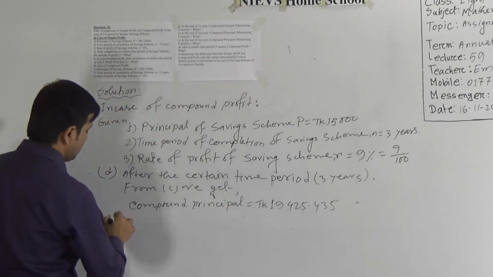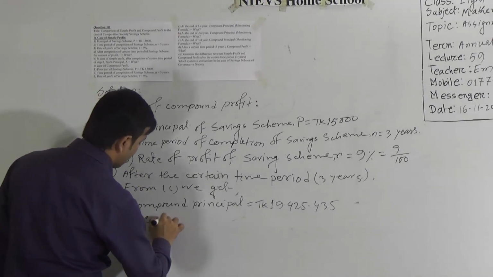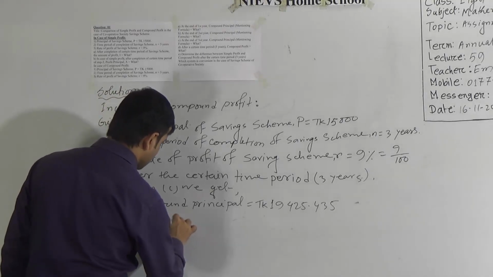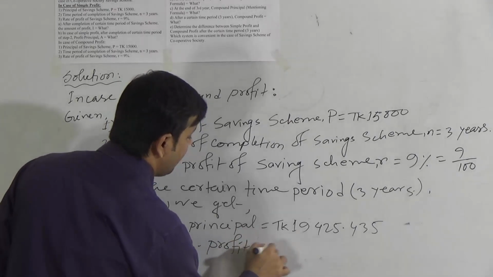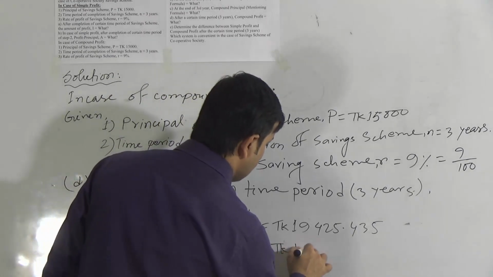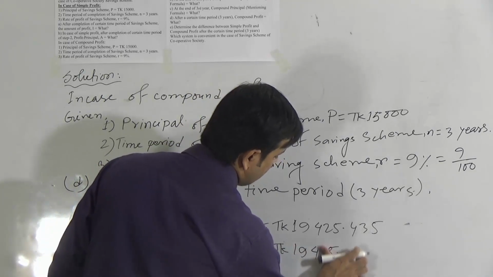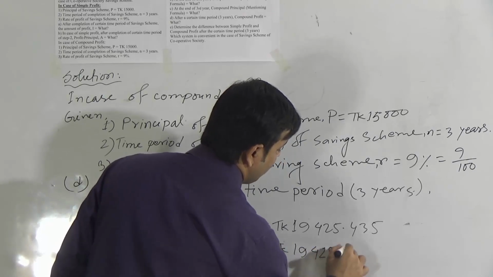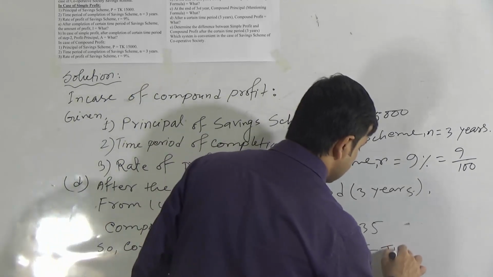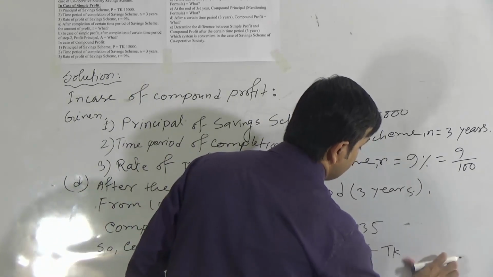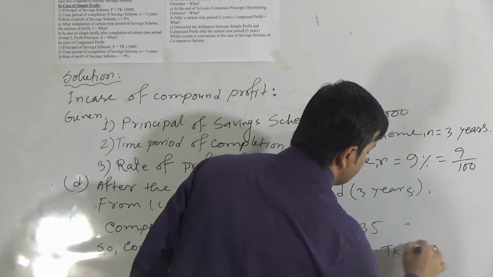So we can write here: compound profit equals taka 19,425.435 minus taka 15,000.